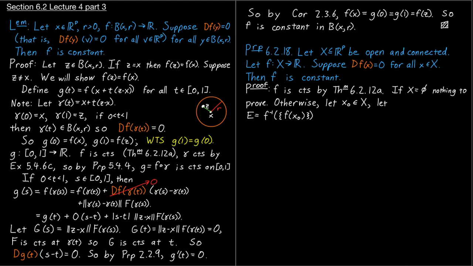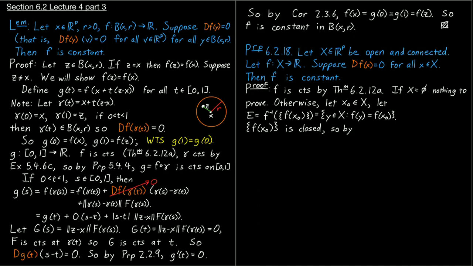That's all the points in X that get mapped to the same value as x naught. And we remember that since f is continuous, the inverse image of a closed set is closed. This singleton set, sets with only one number in them, f of x naught is closed.